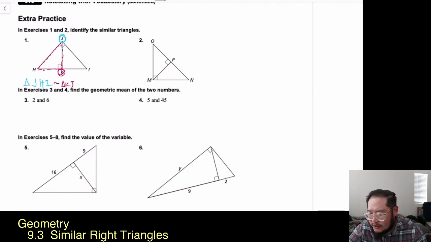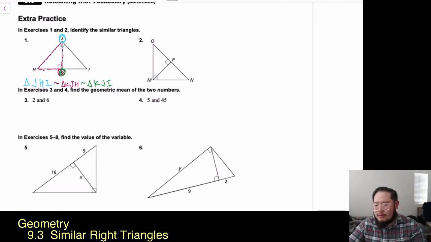And then we also have the triangle to the right, where it's similar to, and we have triangle KJI. I made sure that I labeled and wrote down the three similar triangles, and I tried to also put the corresponding angles and sides down together. So we have our triangle similarity statement.